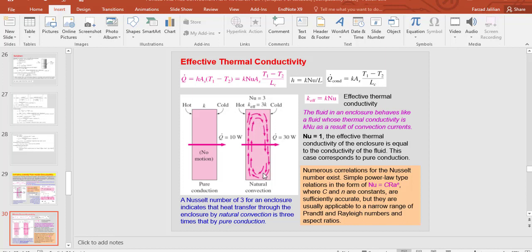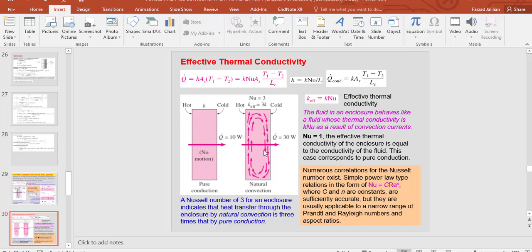We can imagine that this convection heat transfer has increased the thermal conductivity of this enclosure. In other words, we can just find a new thermal conductivity for our system or for the fluid.